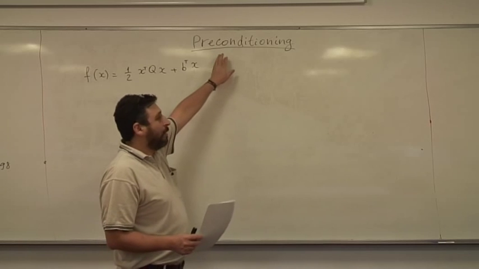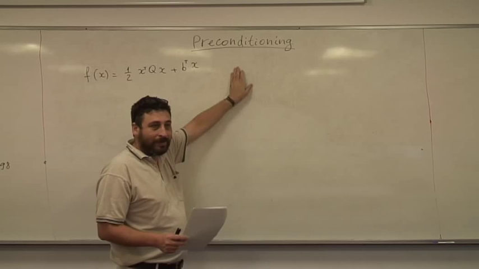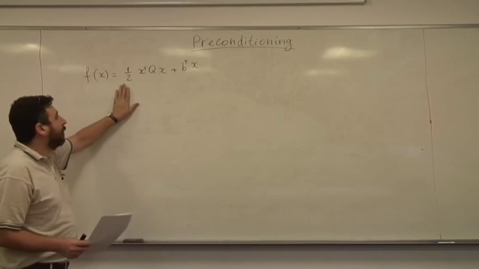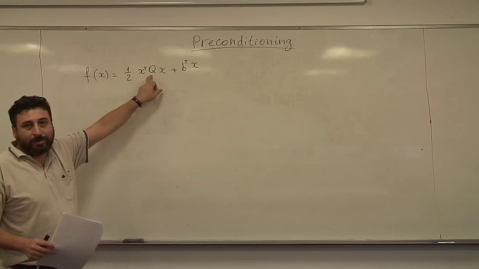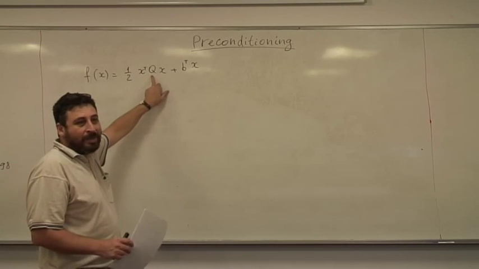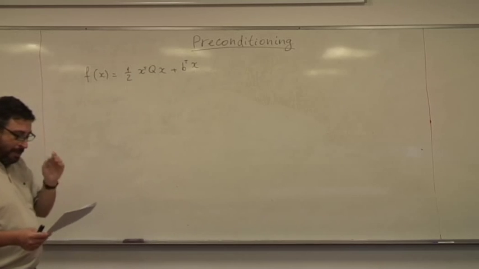And a way to do it is to use preconditioning. So suppose we have to minimize a quadratic function, one half x transpose Q x, with symmetric positive definite Q.